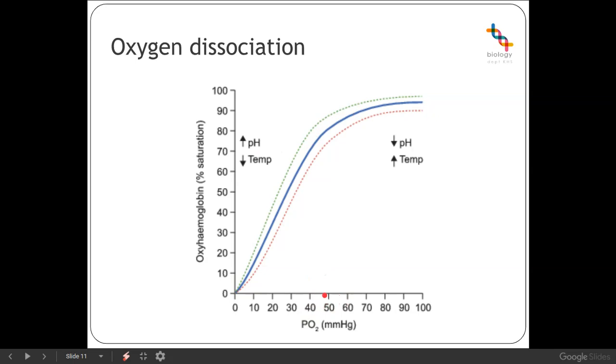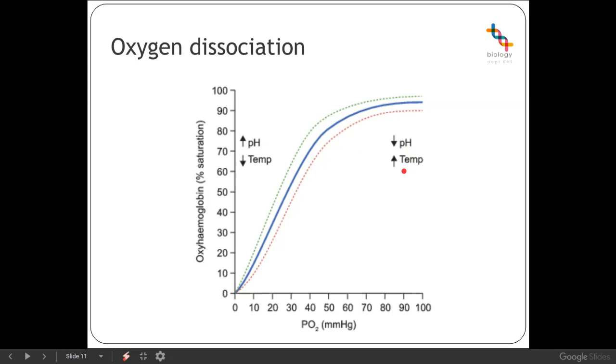If this was our normal partial oxygen pressure here, under normal conditions approximately 80% of hemoglobin is saturated. If we decrease our pH or increase our temperature, we're going to drop that down to nearer 75%, 70%-ish. So the change in this saturation is because hemoglobin has had a decrease in its affinity for oxygen, so it's less likely to bind oxygen when we have a decreased pH or an increased temperature.